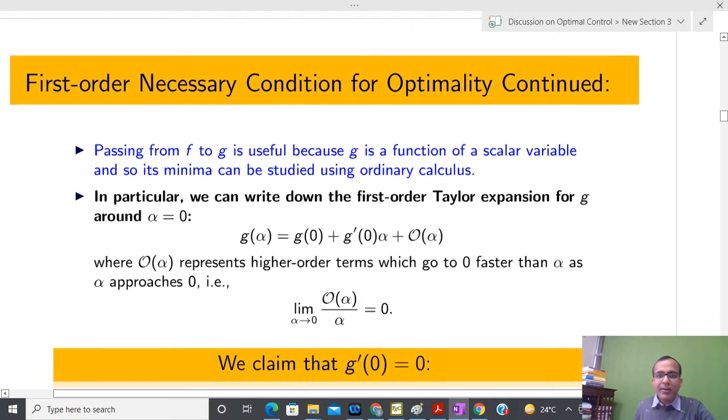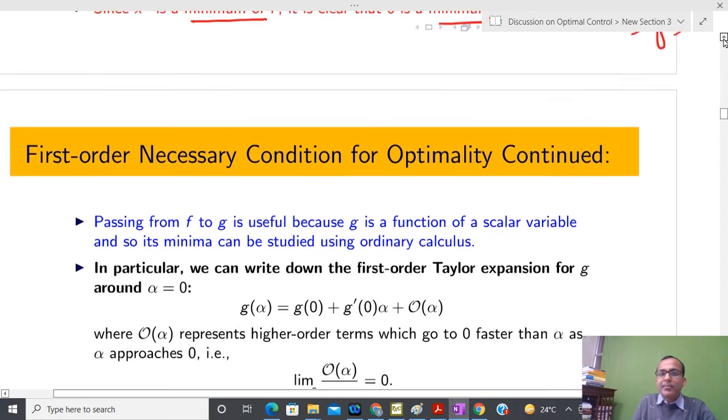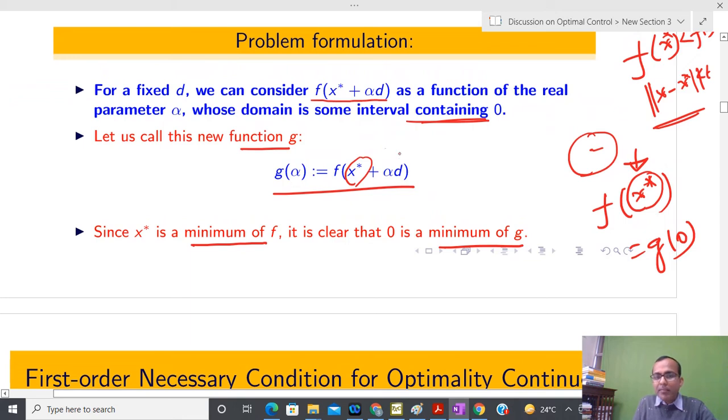Now, whenever I am passing from function f to g, and g is a function of a scalar variable, what I am assuming here is that this is a real valued function. So x star and d lie in n dimensional space, but g of alpha, because everything here depends on alpha, is just a scalar valued function.